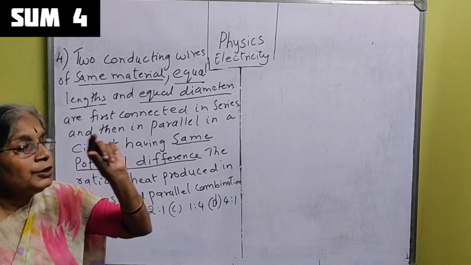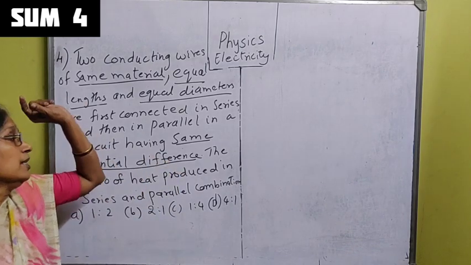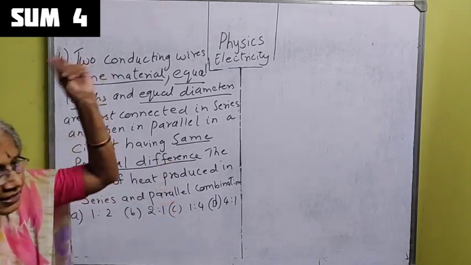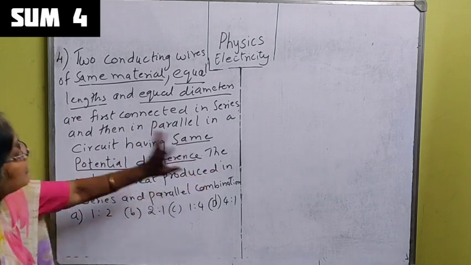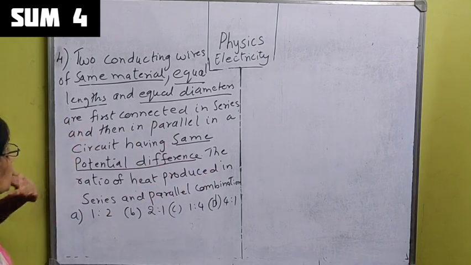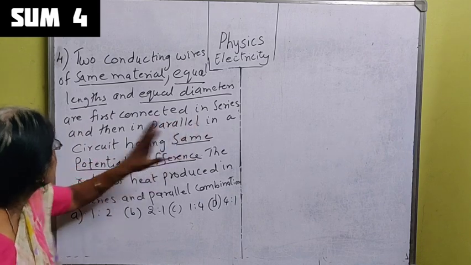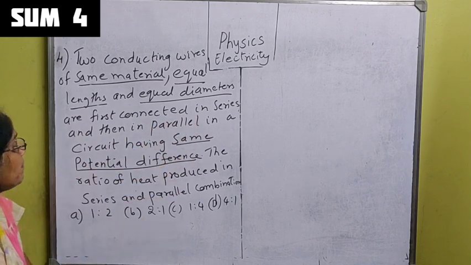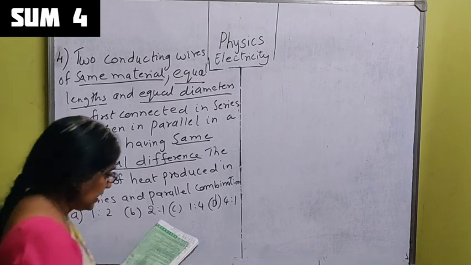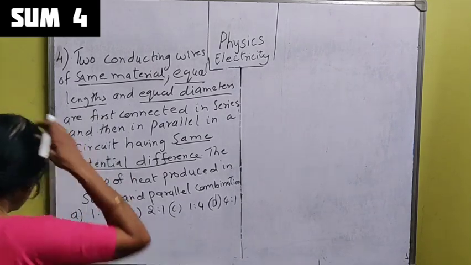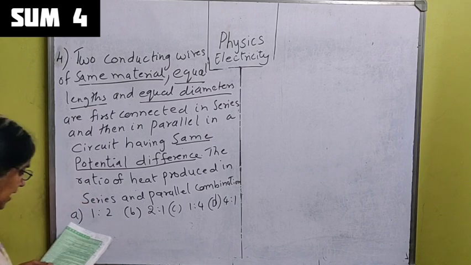If it is 2 centimeter diameter, then the first wire is 2 centimeter, and the second wire is also 2 centimeter. Even the potential difference V is the same, and it is connected in series and then in parallel. So what is the ratio of heat produced in series and heat produced in parallel?